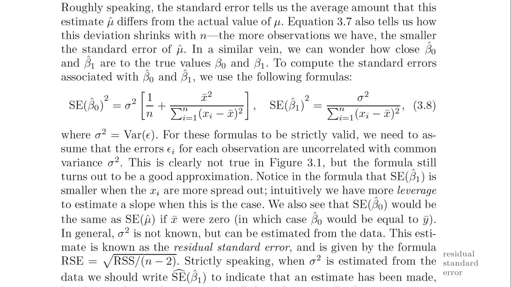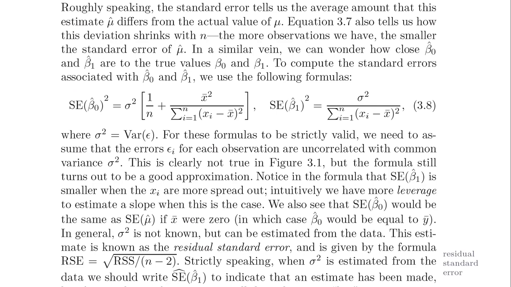Roughly speaking, standard error tells us the average amount that this estimate mu hat differs from the actual value of mu. Equation 3.7, so that's what we saw earlier, sigma squared divided by n, also tells us how this deviation shrinks with n. The more observations we have, the smaller the standard error of mu hat.